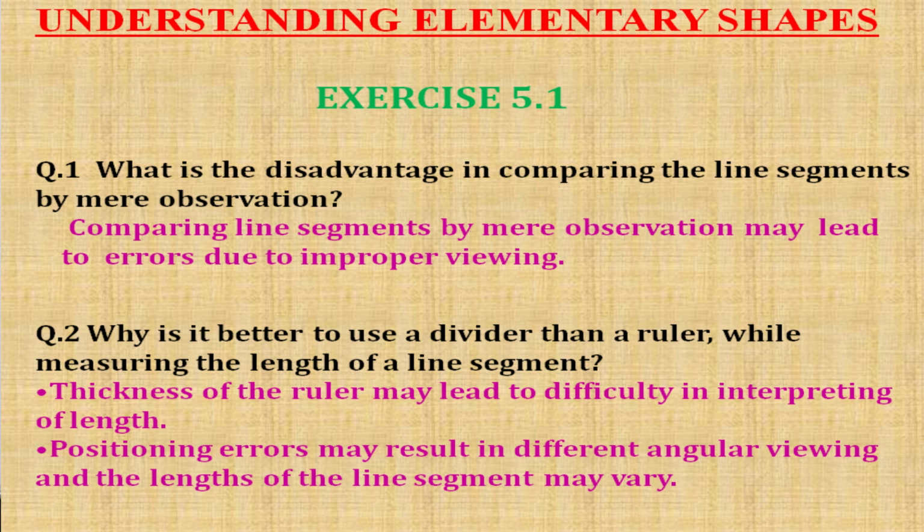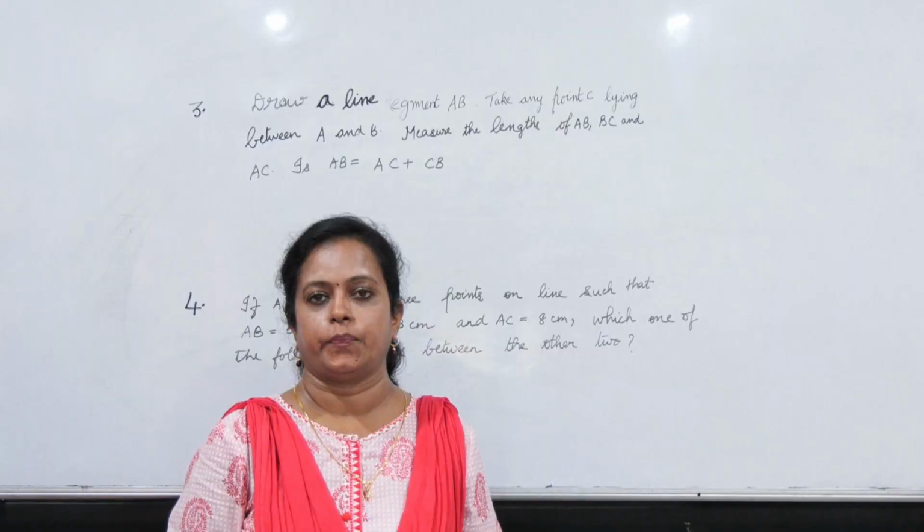So positioning errors may result in different angular viewing and the length of the line segment may vary. तो यहाँ पे मैंने एक्सरसाइज 5.1 के क्वेश्चन नंबर 1 और 2 कर दिए.